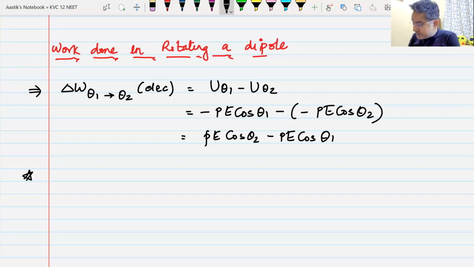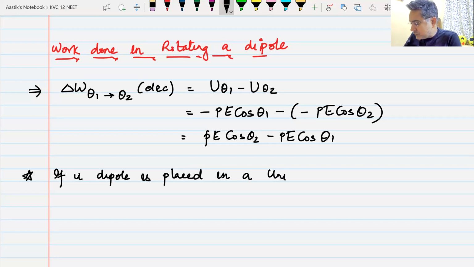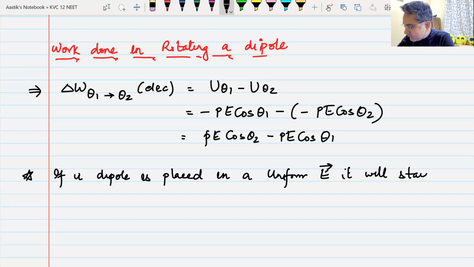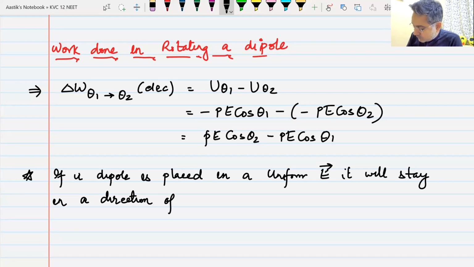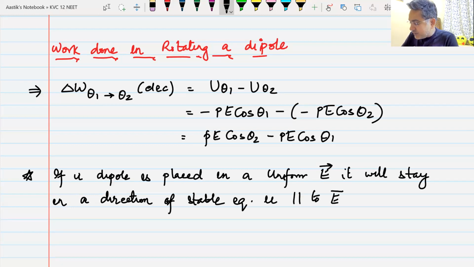One more important point you must remember. If a dipole is placed in a uniform electric field, it will stay in a direction of stable equilibrium, that is, it will stay parallel to the electric field because it wants to stay in a stable condition.